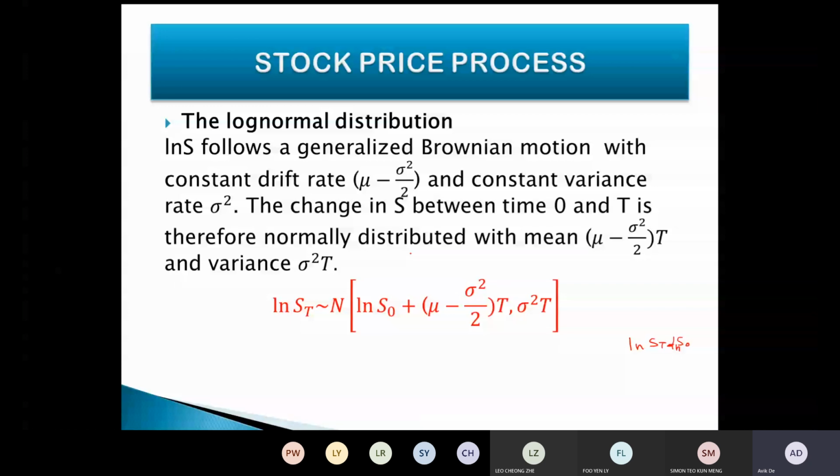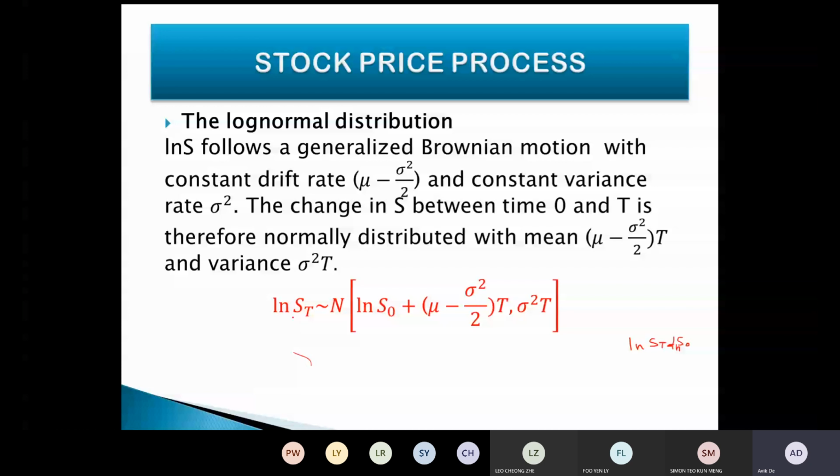So log S follows a generalized Brownian motion with constant drift rate mu minus sigma square by 2, if you follow log S, not S. S had drift mu, now it's log S. And constant variance rate sigma square. The change in log S between time 0 and time T is therefore normally distributed with mean (mu minus sigma square by 2)T and variance sigma square T. So the log S_T you can write in this form.